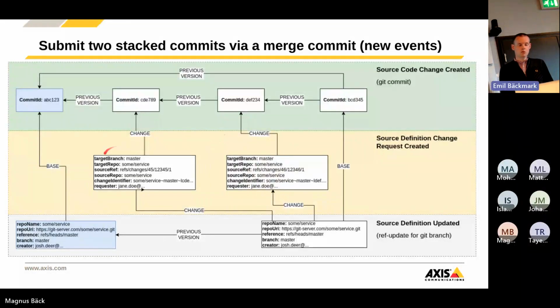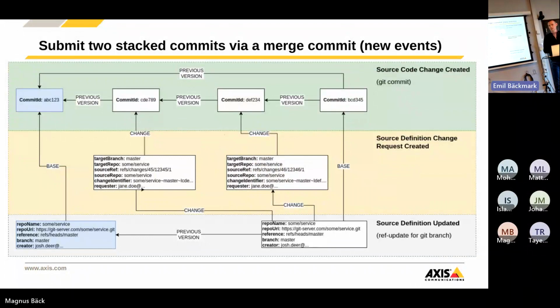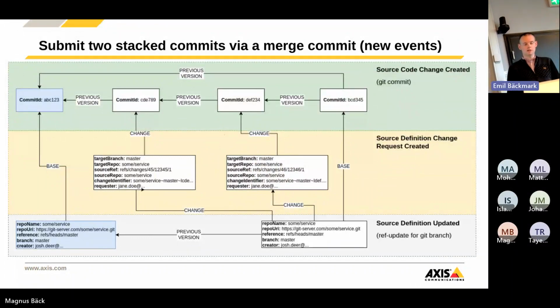And they are reviewed as two separate items. But if you select to merge the top one, it'll sort of drag in the bottom one as well. So they are reviewed as separate entities, but they could be submitted together. That's not really a thing in GitHub or GitLab, as far as I know. So that's probably why this looks strange.